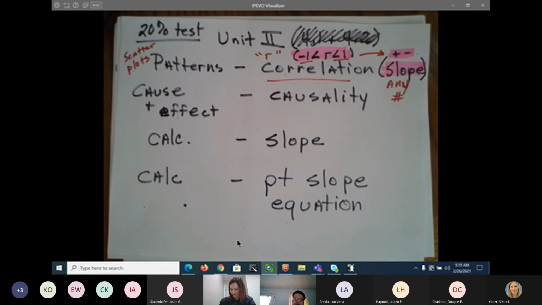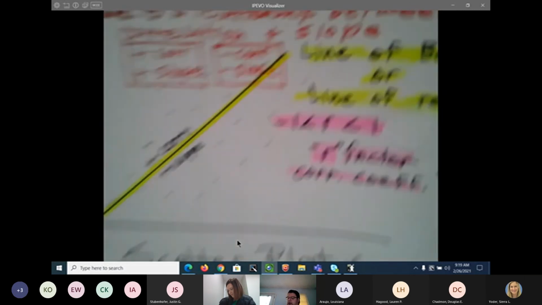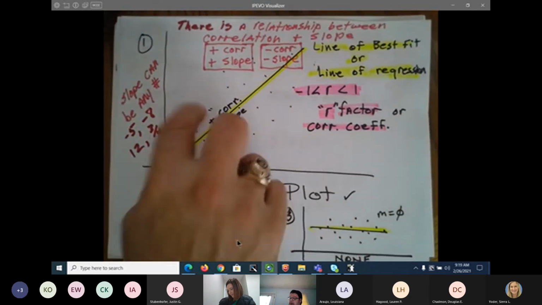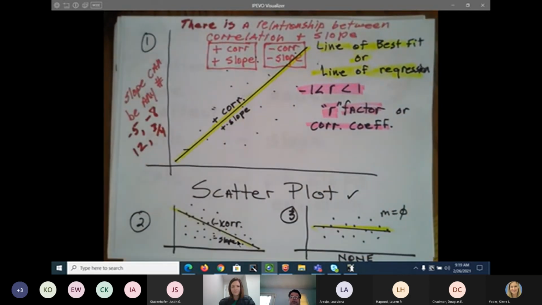Well, before we go on, I want to show you this, and I've already said some of this, but I want you to write down these 3 graphs. These are test questions. So far I've given you 1 test question, and now I'm giving you 3 test questions, which basically this section is going to make up about 20% of your test.